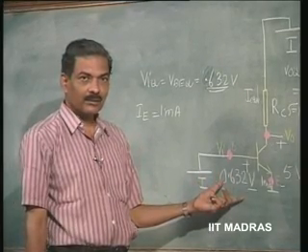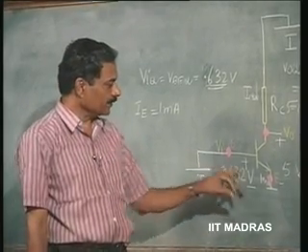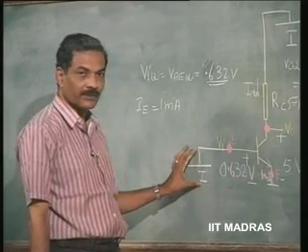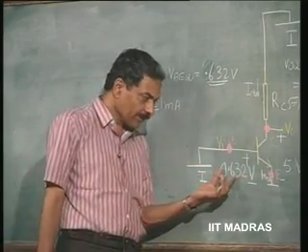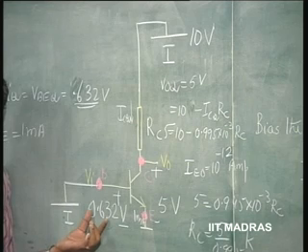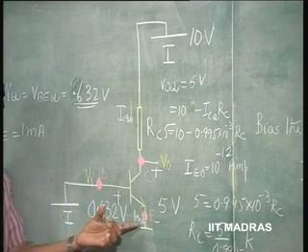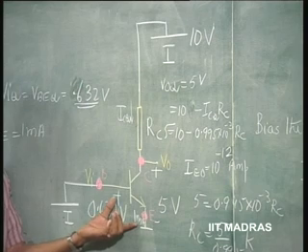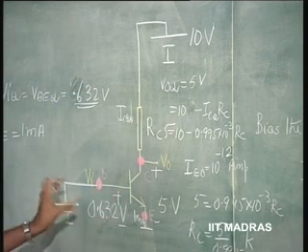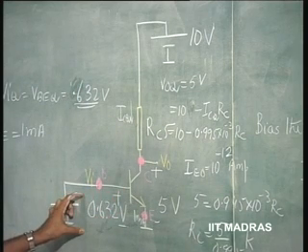So that means the current here is very sensitive to this voltage. If I am not able to make it 0.632 and it just drifts to 0.631, then the current is going to be drastically different from 1 milliampere. That is because the current and this voltage are exponentially related.